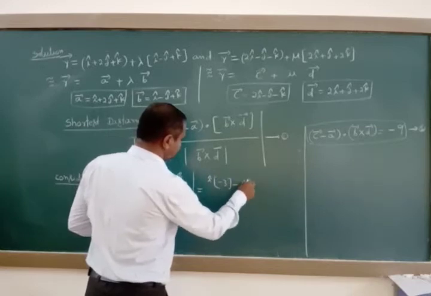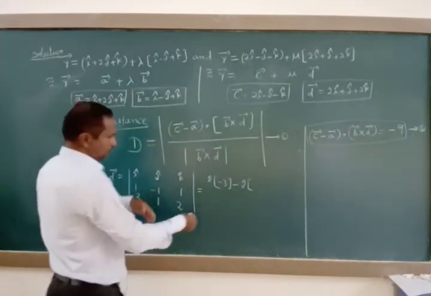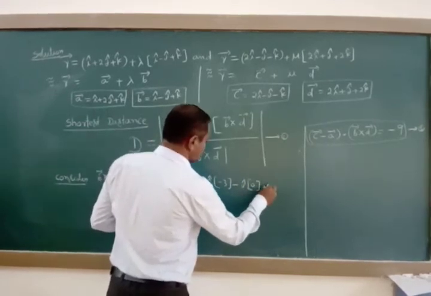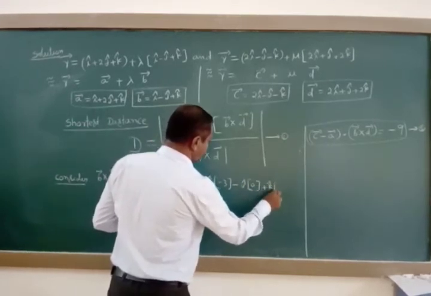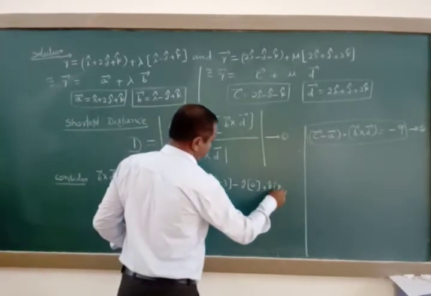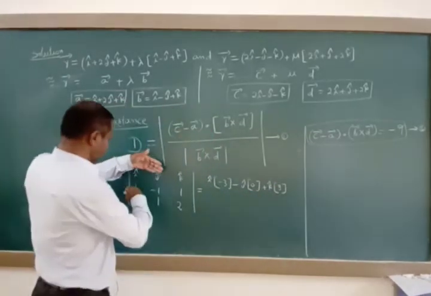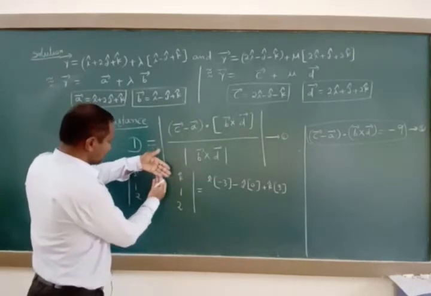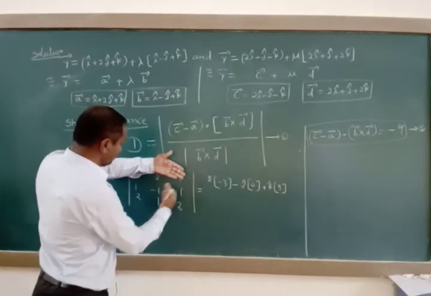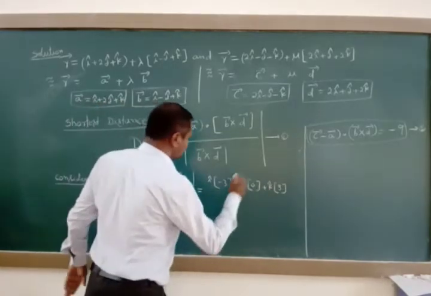Minus j cap into 0, plus k cap into 1 plus 2, 3, because deleting row and deleting column, we get 1 plus 2, 3.